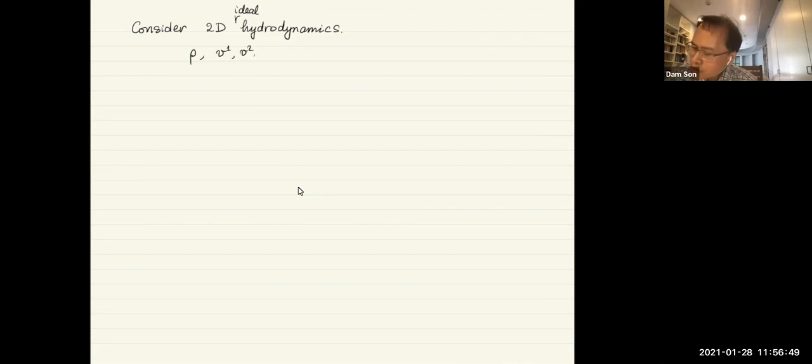Now in 2 dimensions, the vorticity is not a pseudo vector but a pseudo scalar: d_1 V_2 minus d_2 V_1.